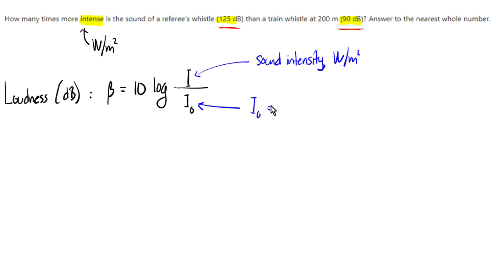I naught equals 10 to the power of negative 12 watts per meters squared, and it is the faintest audible sound intensity.